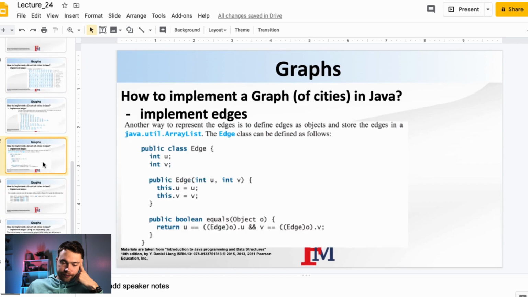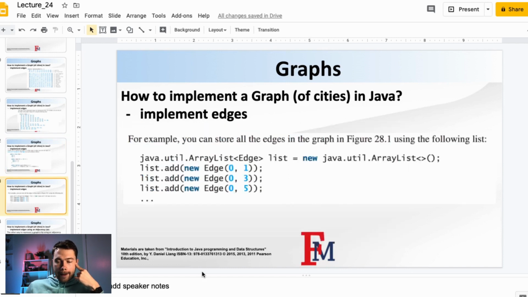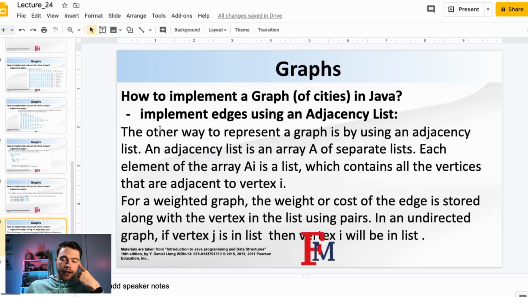Then you would create a class for edges, Edge(u, v), and an equals method. It returns true if u is equal to the other edge's u and v is equal to the other edge's v, so if this edge is equal to the edge which is being passed in. Then you can create a list of edges and just add all the edges there.